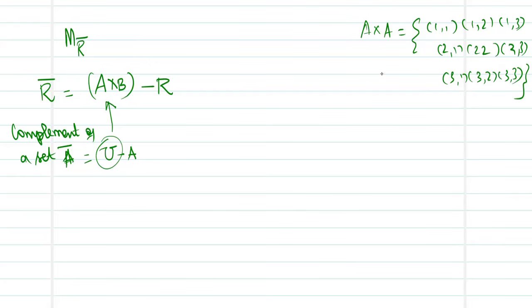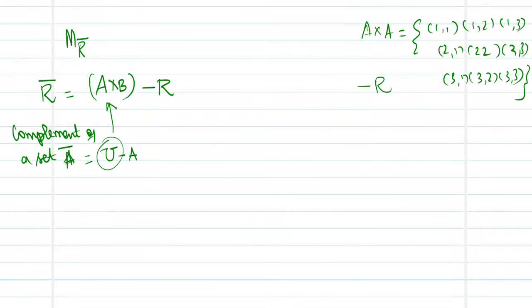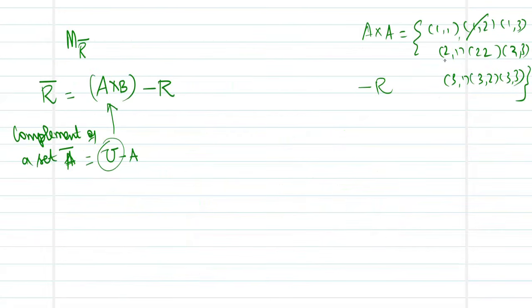So from this, I need to remove the elements of the relation. And what are they? (1,2). So (1,2) is struck off. Next is (2,1) and (2,3). (2,1), (2,3) are struck off. And next is (3,2), you strike off. So what is left out is (1,1), (1,3), (2,2), (3,1) and (3,3).